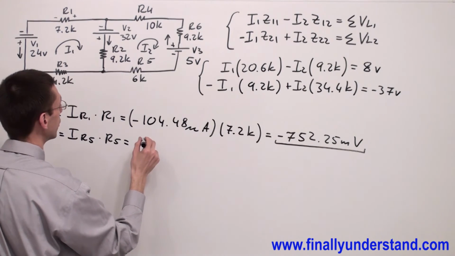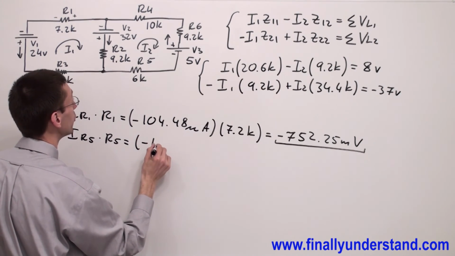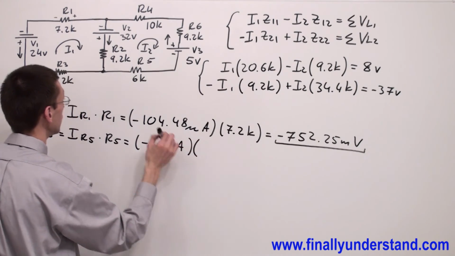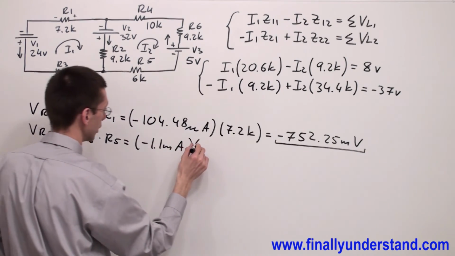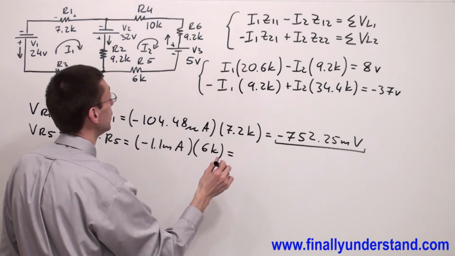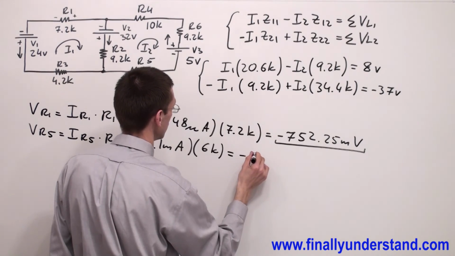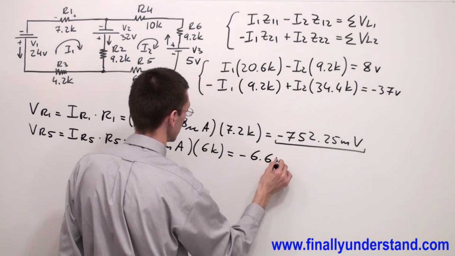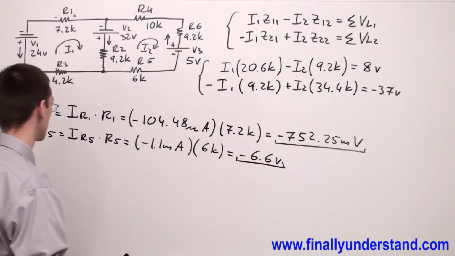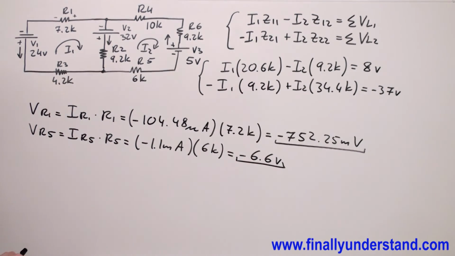I2 is equal to negative 1.1 milliamps times R5, which is equal to 6 kilo. This gives me negative 6.6 volts. So this is the voltage across resistor R5.